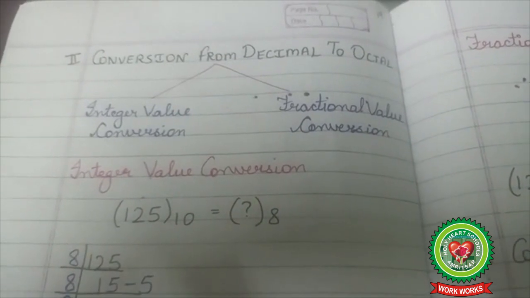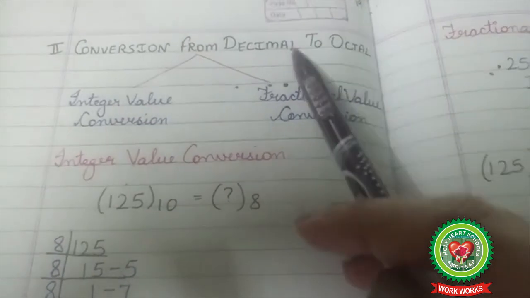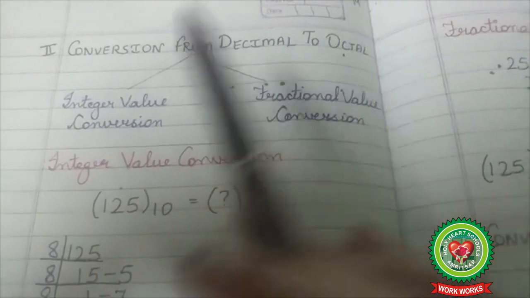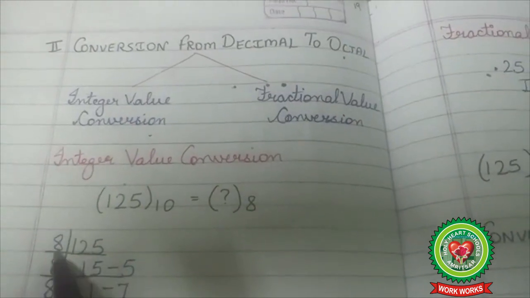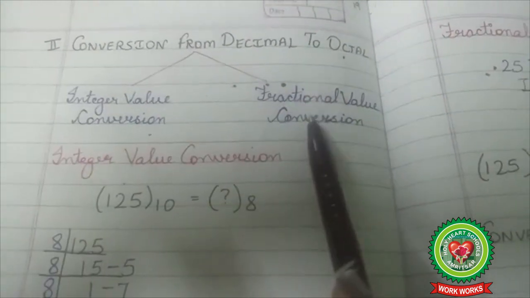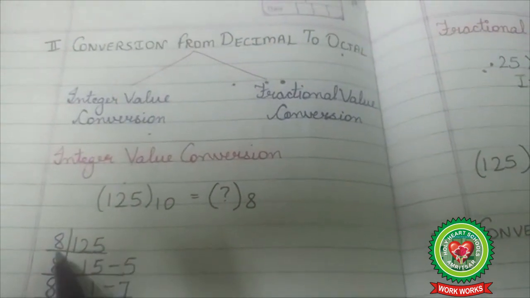Now we are going to do decimal to octal. The octal number has the base 8. So, in integer value conversion, we are going to divide the number by 8, and in fractional value conversion, we are going to multiply the number by 8.